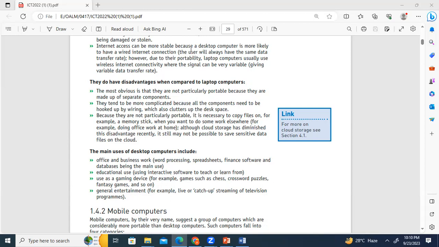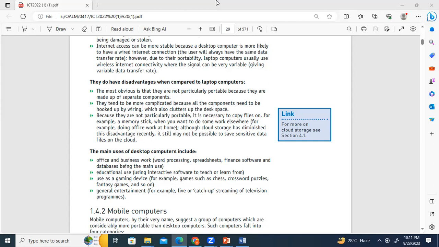Good. Darius, what about you? Can you explain the disadvantages? Yes, sir. So basically desktops are not portable.